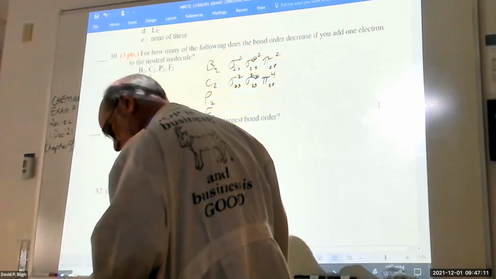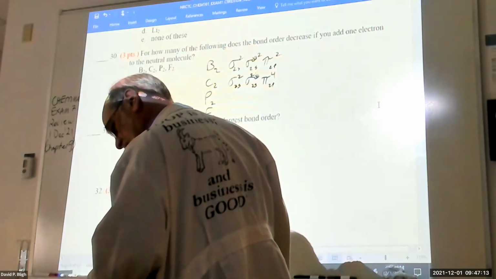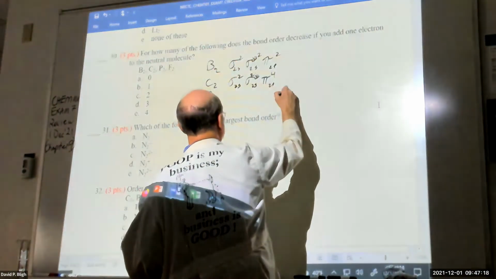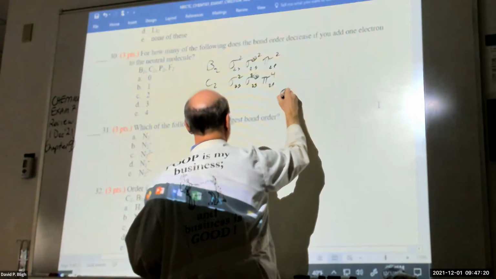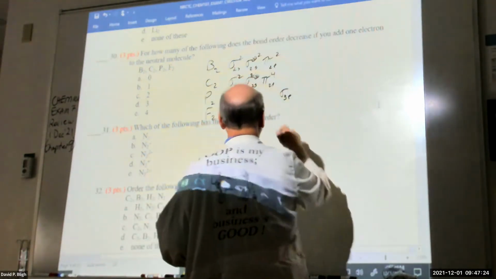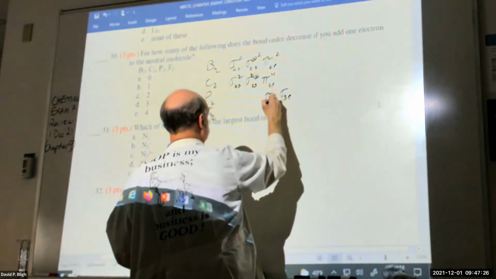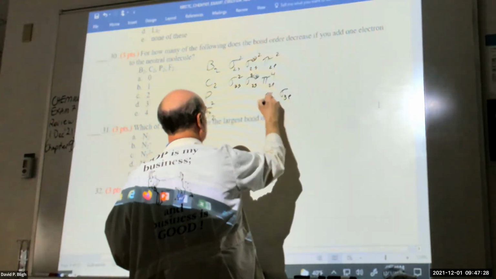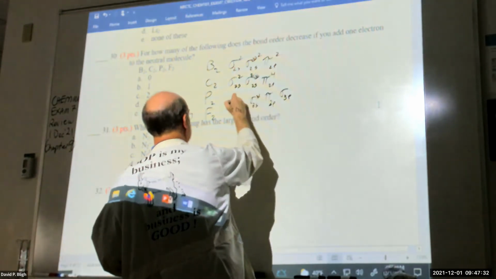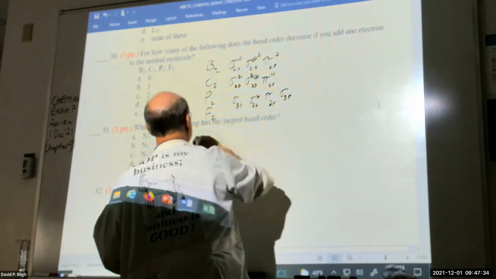So here's the nitrogen. It has sigma 2p extended here. Actually, sigma 3p for phosphorus because it's in the third period. Sigma star 3s, and sigma 3s.